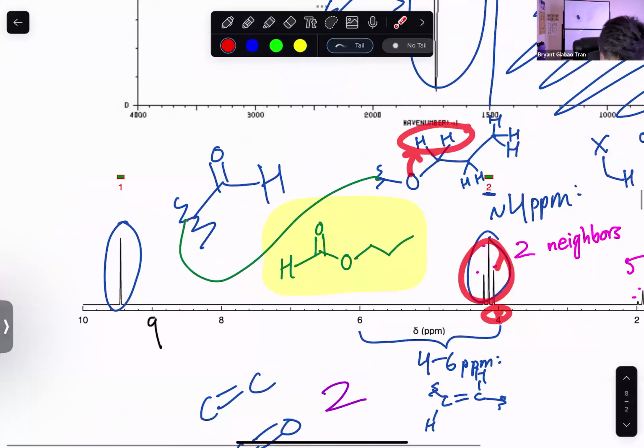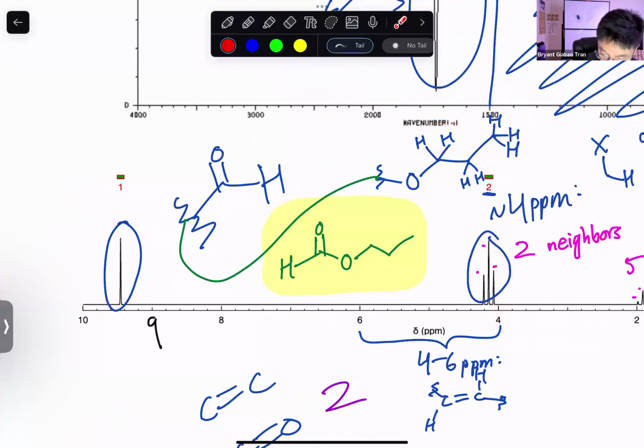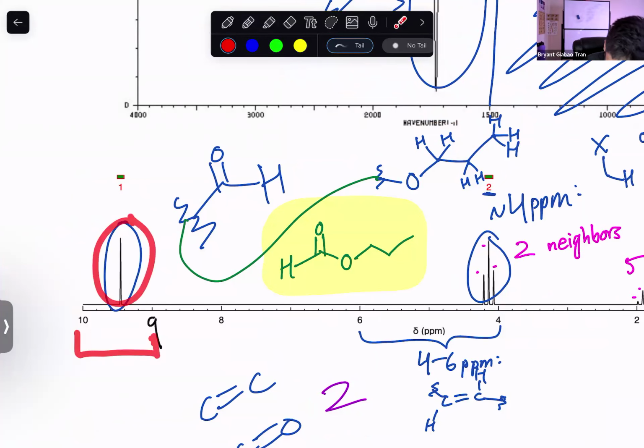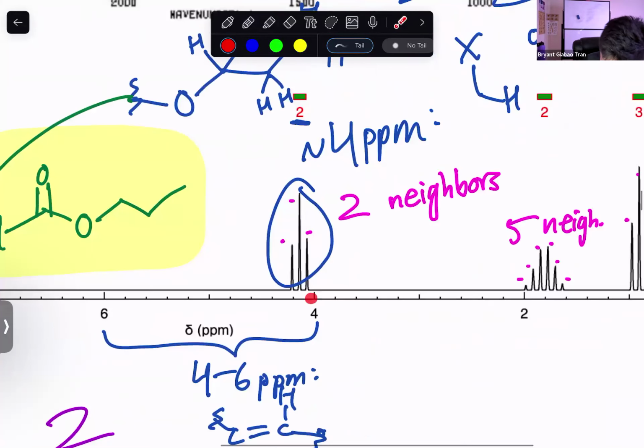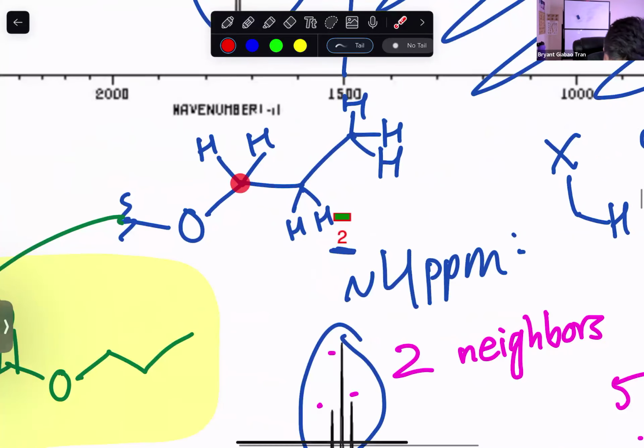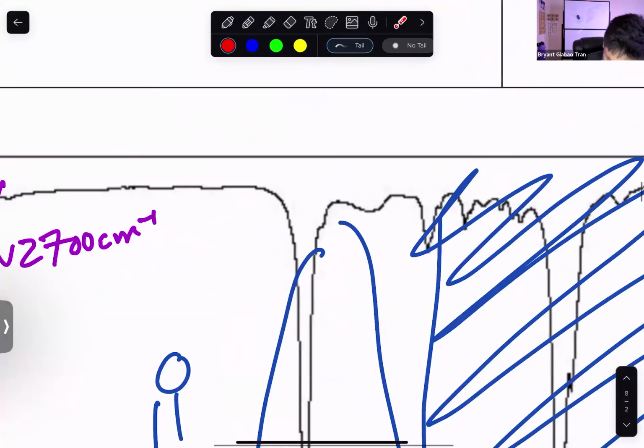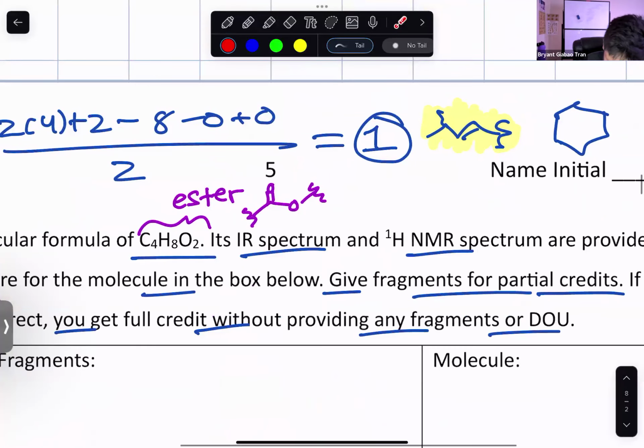So the deshielded peaks right here are going to tell you the most clear sign of what the molecule will look like. Automatically, when I saw a peak here between 9 to 10, I knew this was an aldehyde hydrogen, which is this right here. And then this right here, around the 4 range, is the electronegative range, where it's next to an electronegative atom. And our only electronegative atom in this example is oxygen.